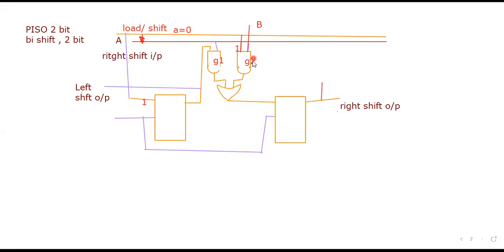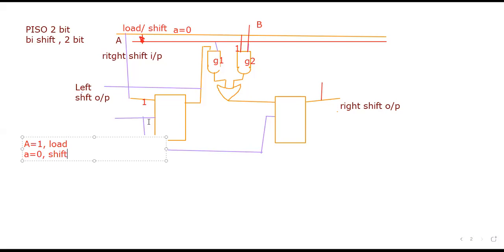Here we have load. When A equals 1, you can write like this. If A is equal to 1, load operation happens, and if A is equal to 0, shift would take place.